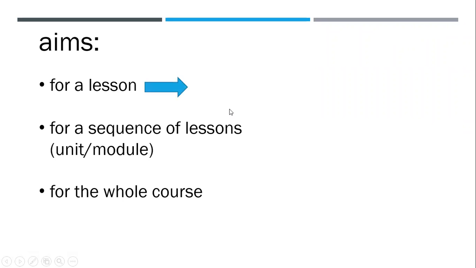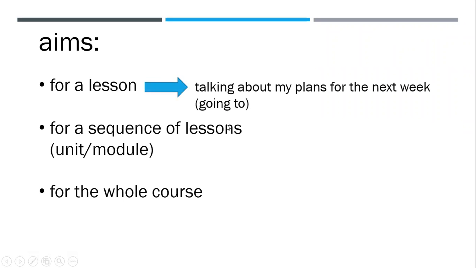For example, if we talk about aims for a lesson, it might be talking about my plans for the next weekend. It means that today in the lesson, you're going to teach your students how to use going to and talk about their plans for the weekend.